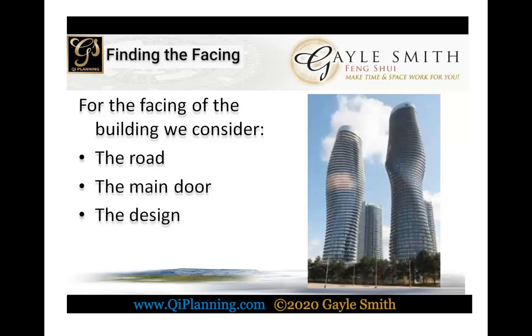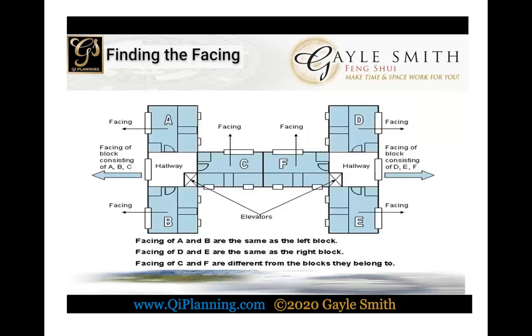Usually, all three will give you the facing without doubt, but when they don't, you must use sound reasoning. For example, for the individual units, we will have to consider their respective facings. These facings are even more important than the facing of the building as a whole.